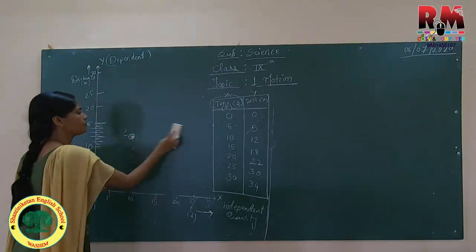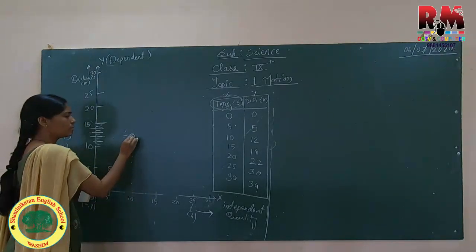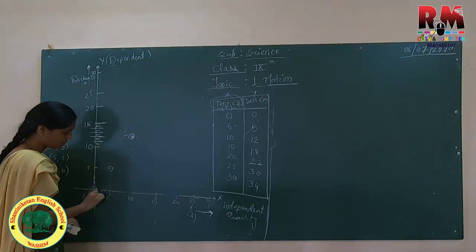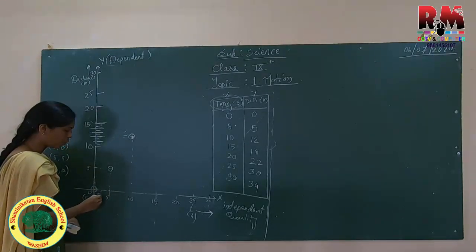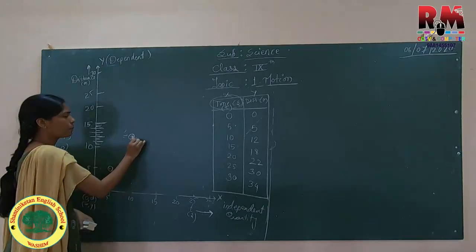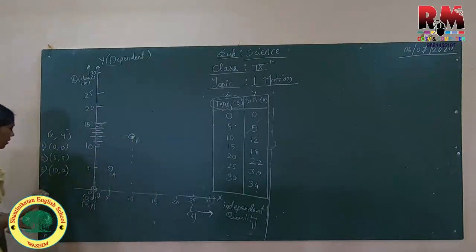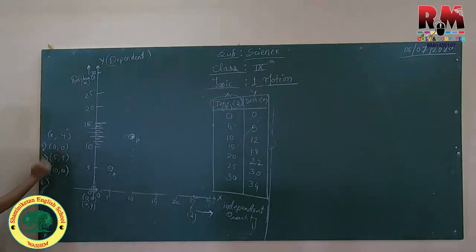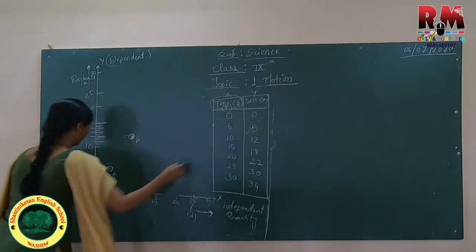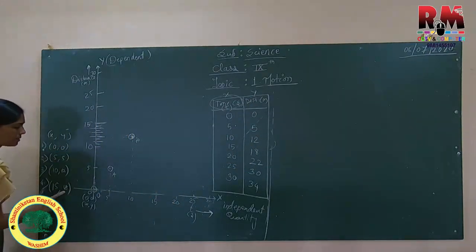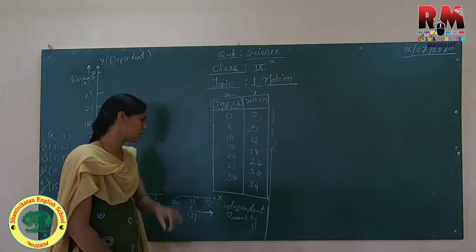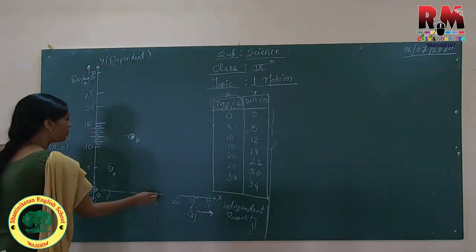Understood? So here this is your second point. Suppose you may label it. Suppose this is A. You can take it as O, A, B. Now next point is 15, 18. So X 15 and Y 18, means on y-axis you have to take 18 and on x-axis you have to take 15.